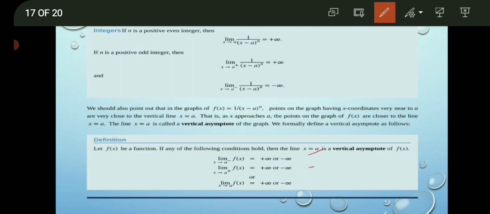The limit as x approaches a from the right of f of x is equal to positive infinity or negative infinity. And the limit as x approaches a of f of x is equal to positive or negative infinity.